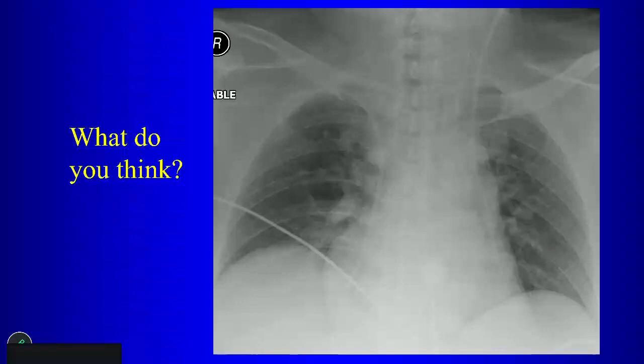So we see a left central line or catheter coursing in the left thorax, basically. There's a right catheter as well, but the left one looks like it's coursing to the left thorax.